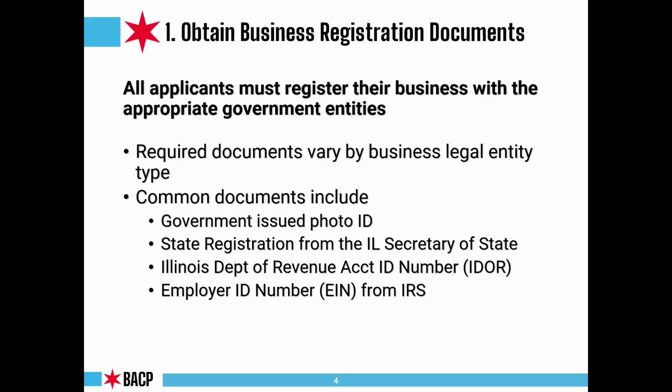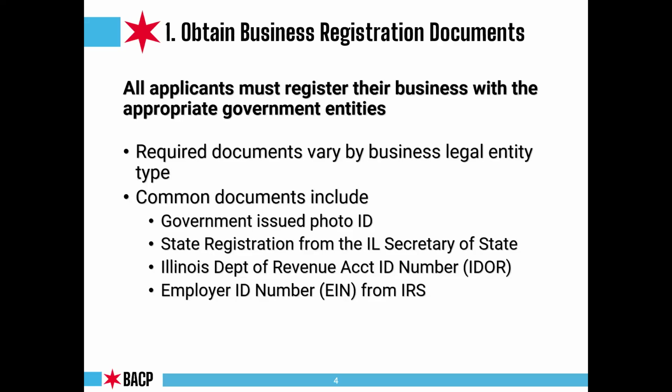And then if you're going to engage in any sort of sales, so if your client is walking away with something physical, then you'll need what's called an IBT number, and this can be obtained with the Illinois Department of Revenue. And then for all applications, just do know that we do need a valid identification.